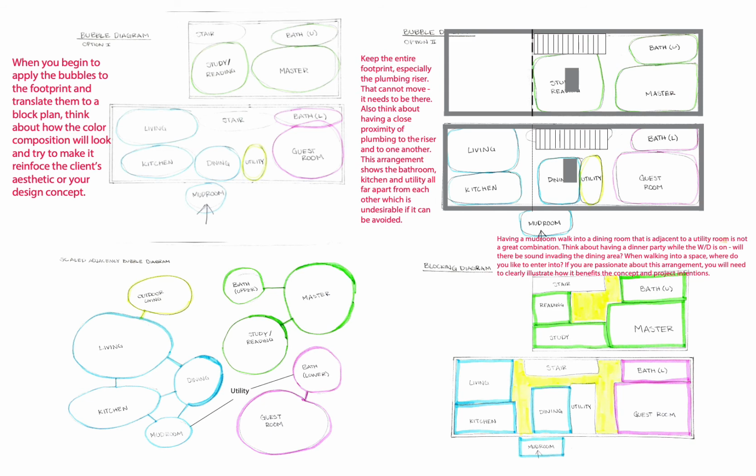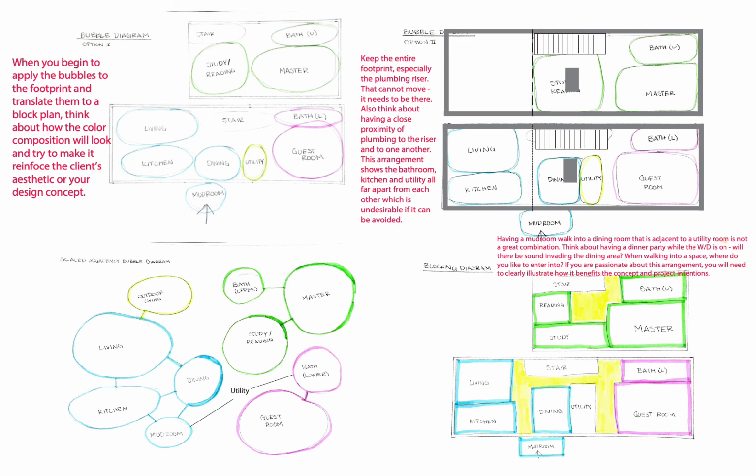Okay, and then here we have some more bubble and block diagrams. So when you begin to apply the bubbles to the footprint and translate them to a block plan, again, think about how the color composition will look and how it can reinforce the client's aesthetic or your design concept.